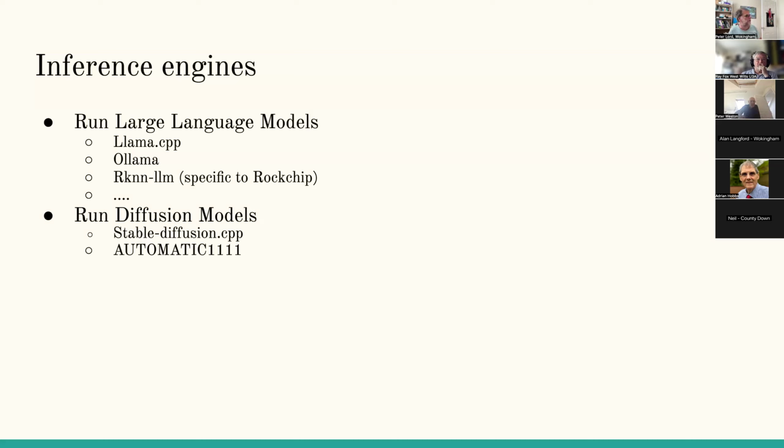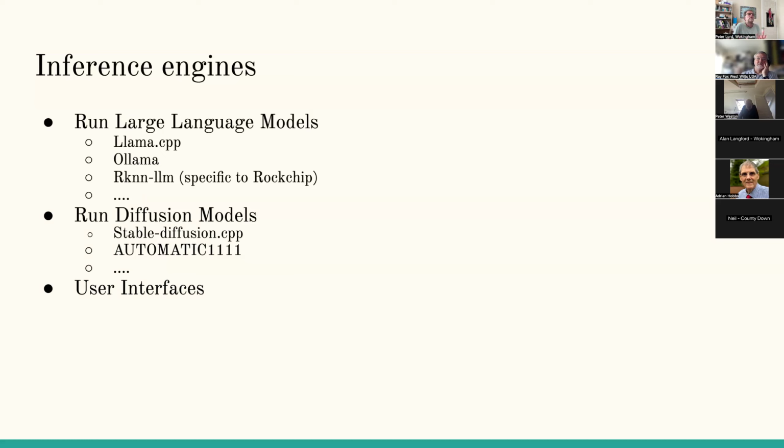And there's one which I'm going to demonstrate today called Automatic 1111. I don't know why it's called that, but it is open source. It can run these diffusion models to generate pictures. And there are others. And user interface, these tools that I've mentioned are command line only. So you can run them, you can type in your prompt and see your responses back.